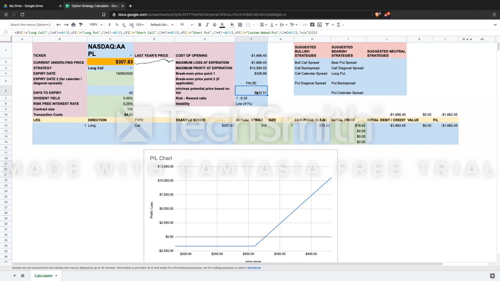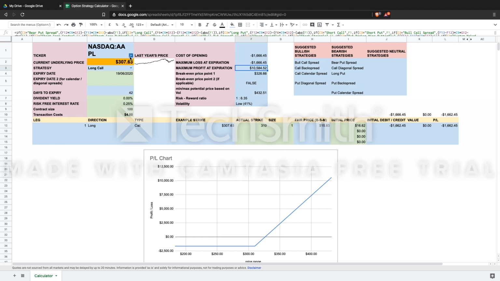In this case, based on last year's volatility, Apple could reach a maximum price of 432. And if it did reach this price of $432, then the maximum profit at this price would be $10,000. As I said, this is just an indicator of how much you can make. But in the case of long calls, long puts, and a few other strategies, it's not as relevant.